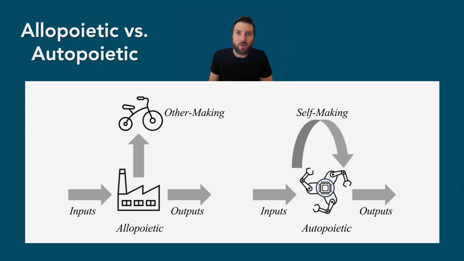It would create its own motors and its own computer chip. It would rebuild itself. It would self-heal. It would self-make its components. And so this is one attempt to understand what a living system is. It's not just any system creating order. It's creating order in a really specific way.